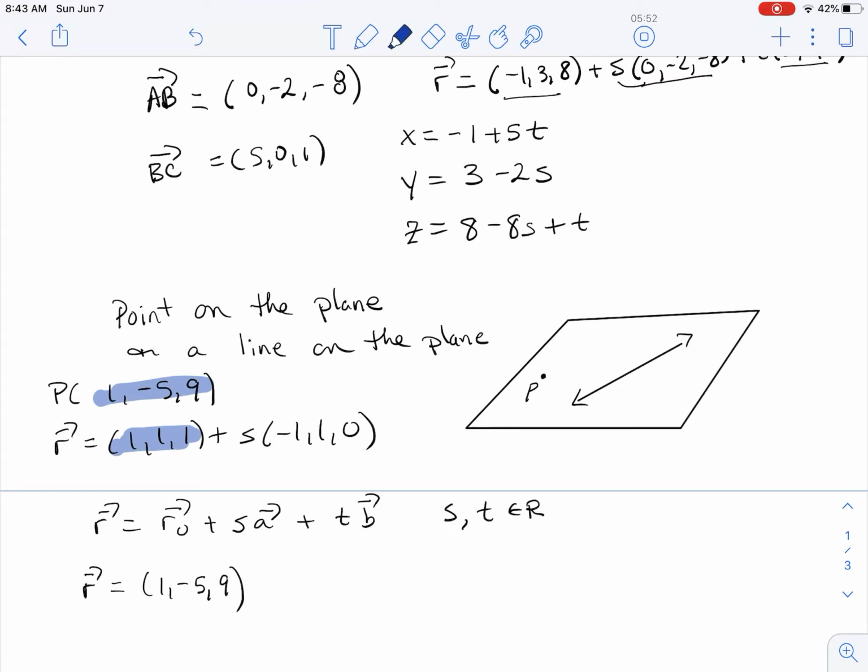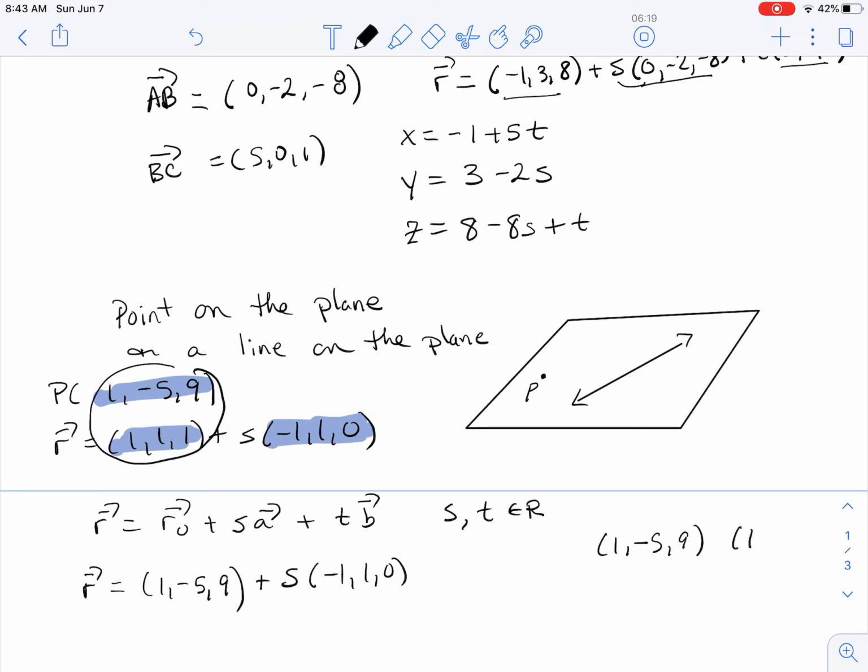Okay, now you need 2 vectors. Well, this line is on the plane, so this direction vector that is parallel to the line would also be parallel to the plane. So you can use that one. I'm just going to put that in. You could put that in for A or B, up to you. So you need another vector. That's where these 2 points come into play.